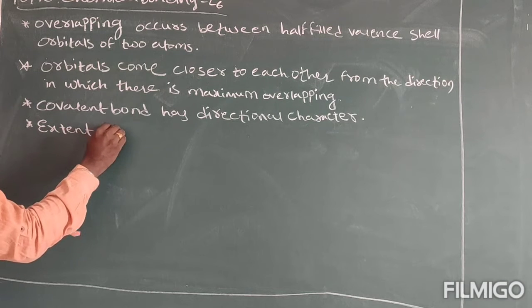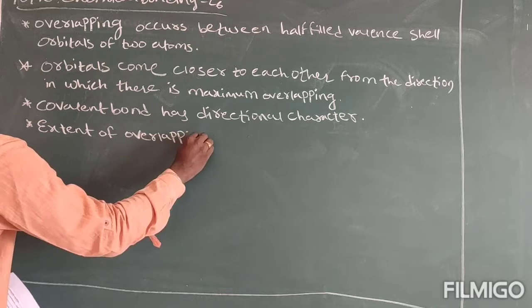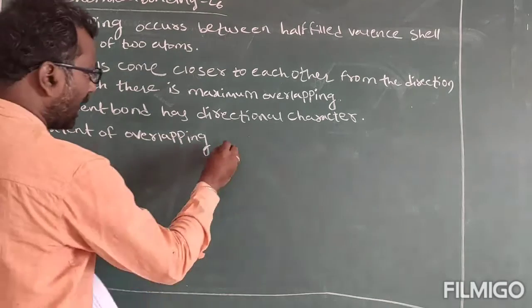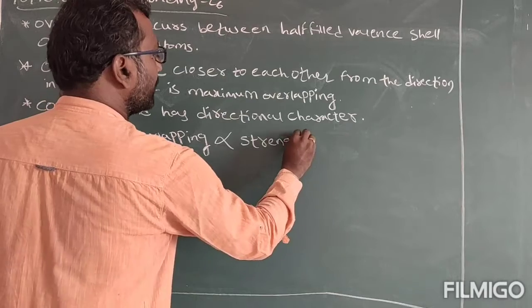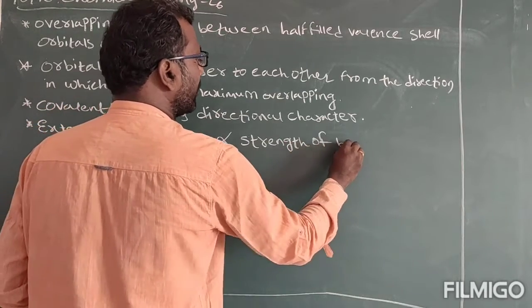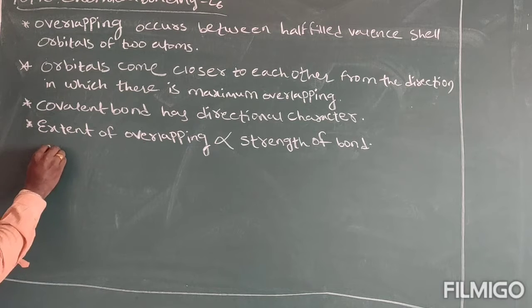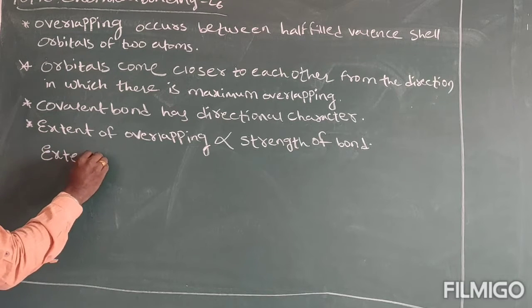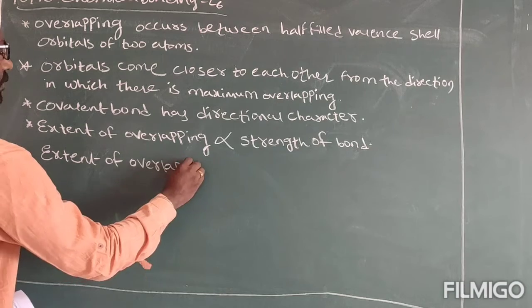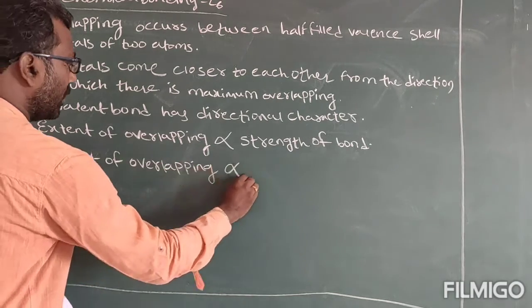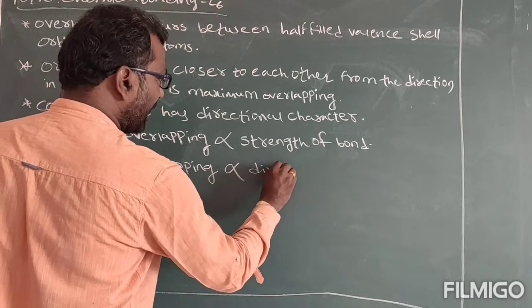The extent of overlapping is directly proportional to the strength of bond, and directly proportional to the directional character.